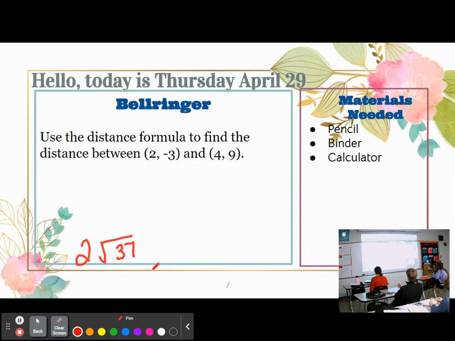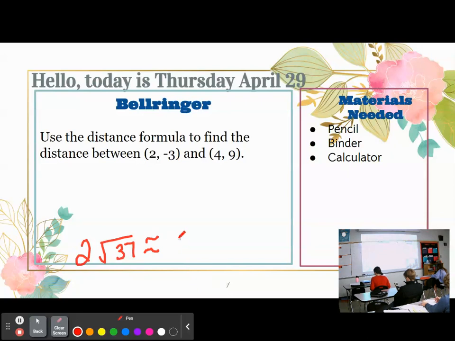Now, if you're working on an ACT test and you have a graphing calculator or a calculator that doesn't give you the exact number, and all of the answer choices look like this, you can type this in your calculator to find what the decimal is. So that's what I need you to do now. Type in your calculator 2 times the square root of 37 and tell me what you get.